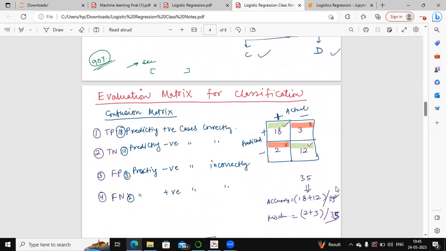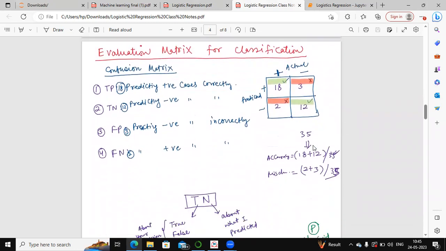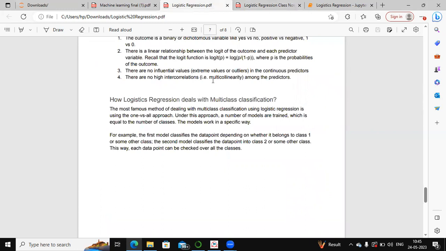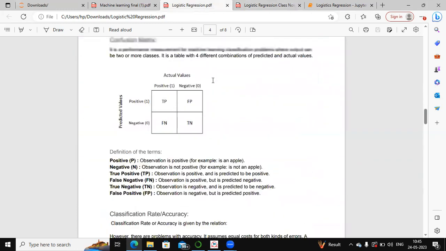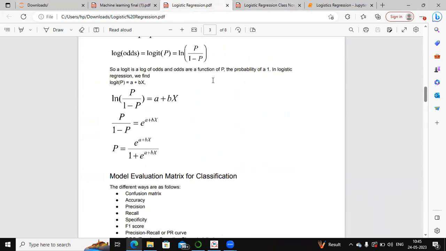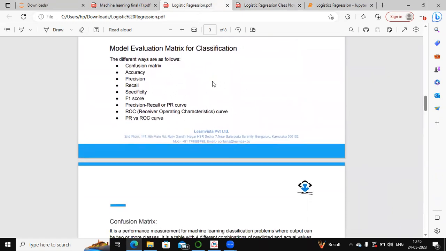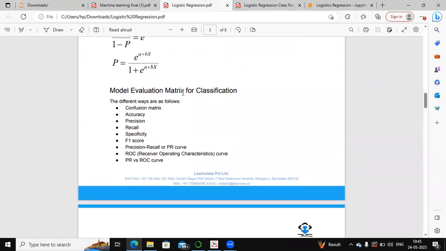Now let's come to the evaluation matrix for classification. If you want to check whether a model has an accurate result, whether it is giving almost 100% accuracy or not, there are different ways to check.